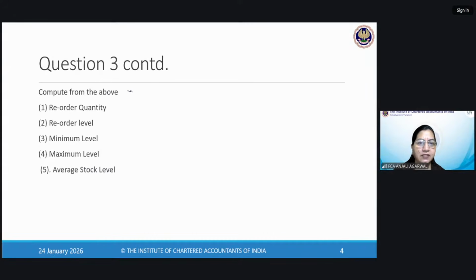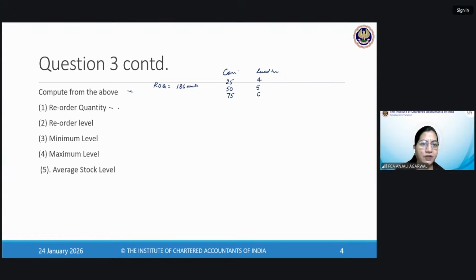So the question says your reorder quantity is 186 units. Consumption is minimum 25, average 50, maximum 75, and lead time is minimum 4 weeks, average 5 weeks, which we have calculated, and maximum 6 weeks.